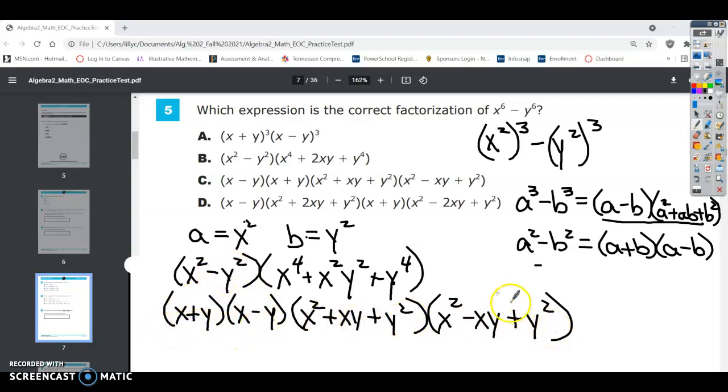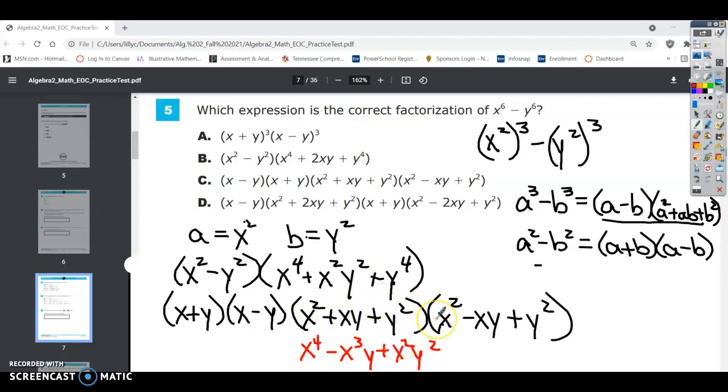Let's make sure this equals what we started with here. So x squared times x squared is x to the fourth. I'm going to write this in a different color just because we're checking it. So let's do x to the fourth. And then x squared times minus xy is minus x cubed y. And then x squared times y squared is plus x squared y squared.